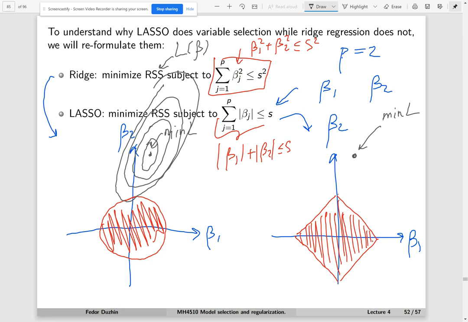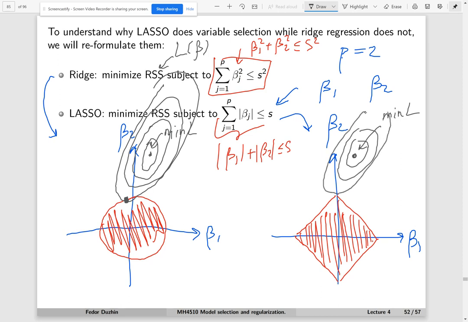And once we hit this shaded region, the point at which this level curve of the mean squared error touches this shaded region, we found our solution to the lasso problem or the ridge problem, respectively, right? So here is the solution of the ridge problem.